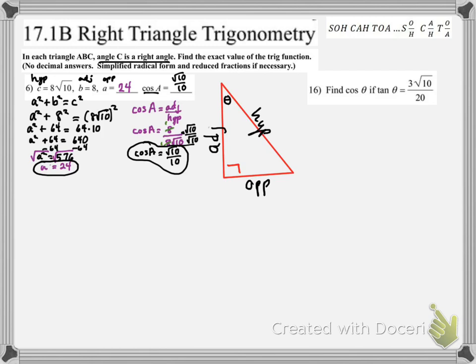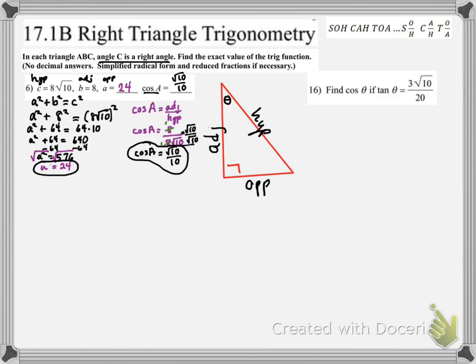The next problem I want to look at is number 16. This time, just because some of you are better with it on the triangle, I think I'll write it on the triangle. We don't actually have the pieces of the triangle given. This is more like some of those ones that were towards the end of our notes today. So I want to find cosine theta given tangent theta.